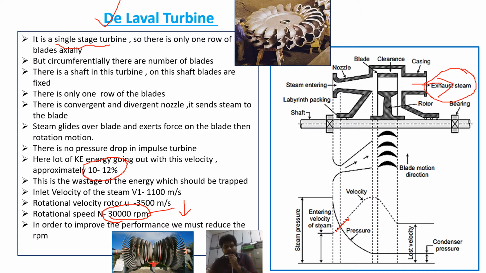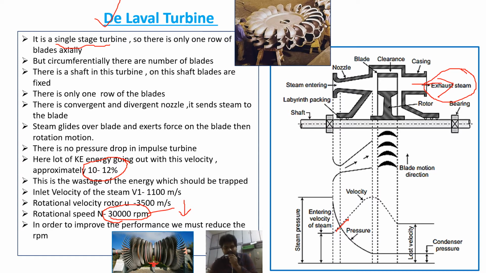In compound turbine, instead of suddenly decreasing the velocity and pressure, pressure and velocities are decreased stage-wise, so that the rotational speed will decrease and the efficiency of the turbine will increase.